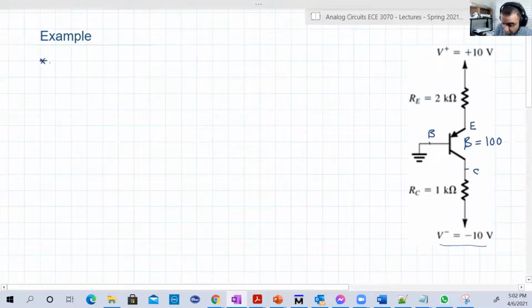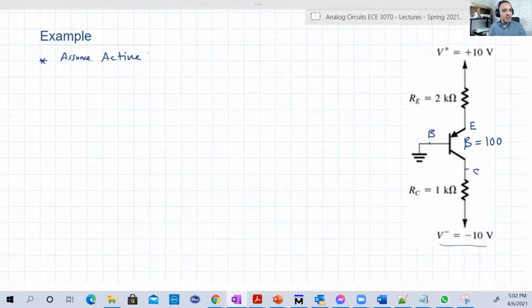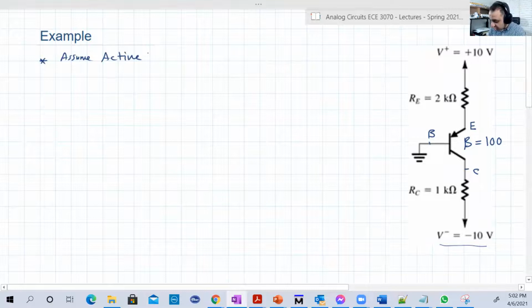Again, we're going to follow the same procedure, so we're going to assume active. Why? Because there is a source that can give the VEB of 0.7 this time, since this is a PNP transistor. Where is that source? Just draw the battery, the 10-volt battery.